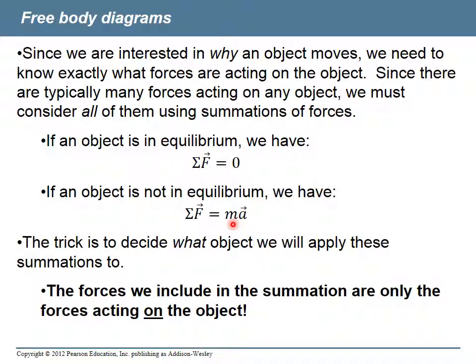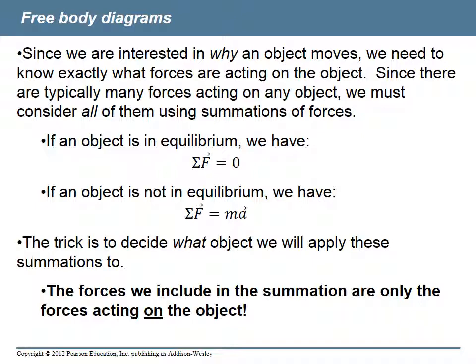So the summation of forces is equal to mass times however fast it's accelerating. So these are basically the two equations we're going to use for our summation of forces right now. We'll add some more in later. But these are our two starting ones. Either it's in equilibrium or it's not.